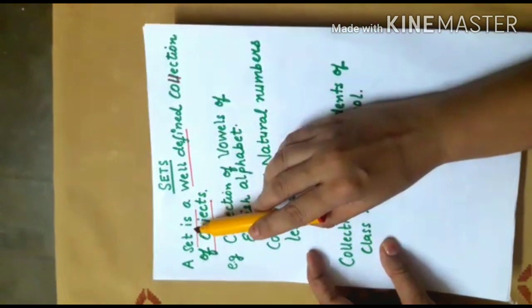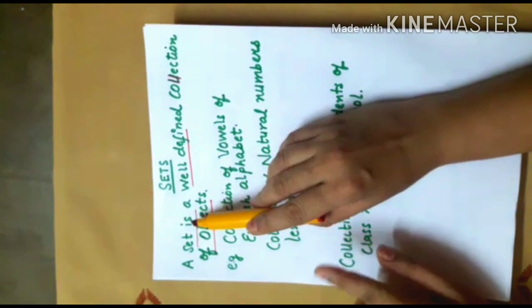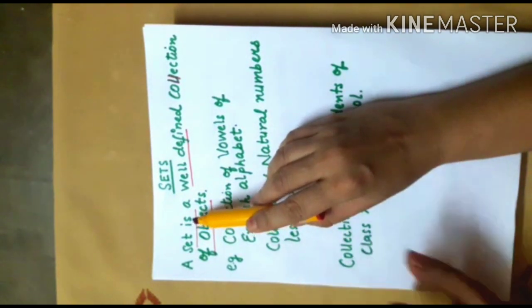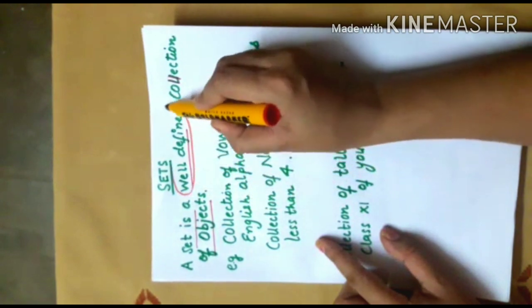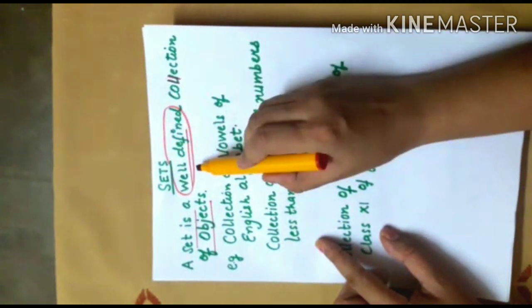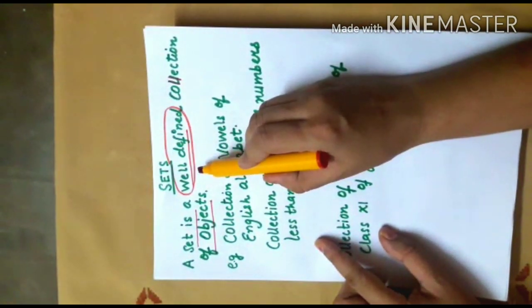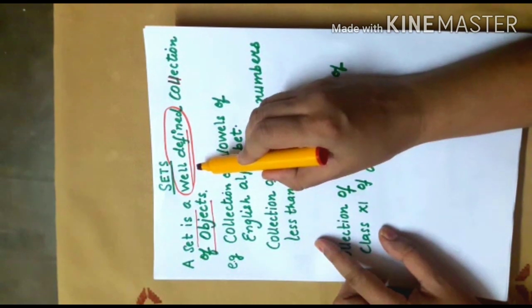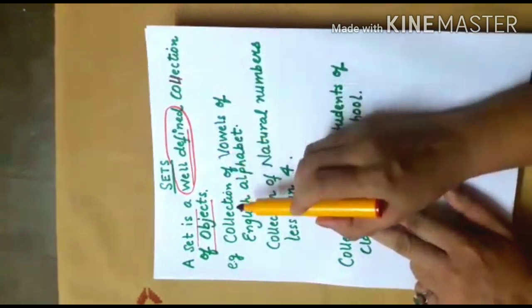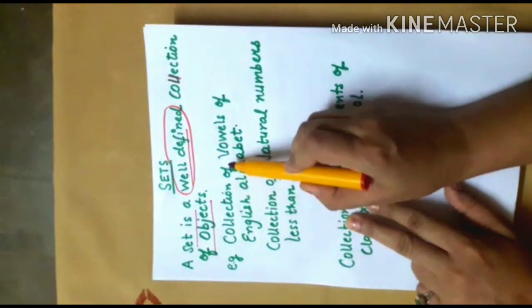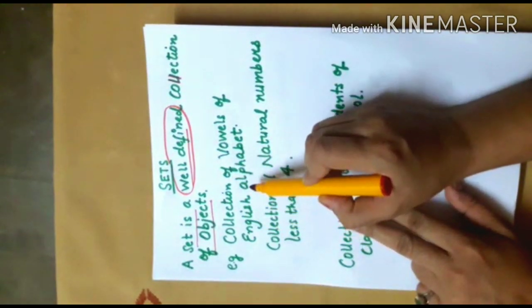Now in the definition of set, we have said that a set is a well-defined collection of objects. So first we have to understand what is the meaning of a well-defined collection. Now look here. Collection of vowels of English alphabet.